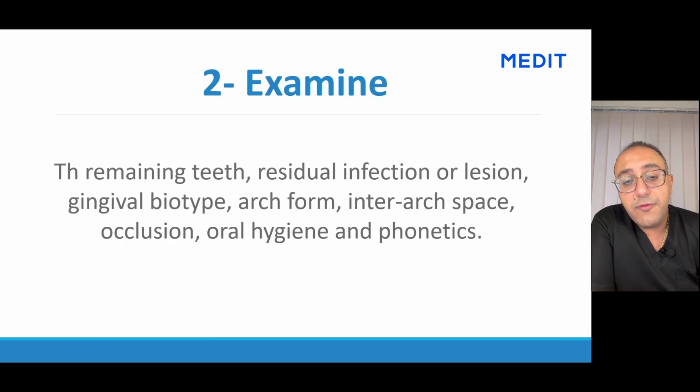So moving on to the next point, which is examining your patient. You have to give special interest to examining the remaining teeth, the residual infection or lesion if there is any, the gingival biotype, the arch form, the inter-arch space available for the future restorations, the occlusion, the oral hygiene of course, and your patient's phonetics.